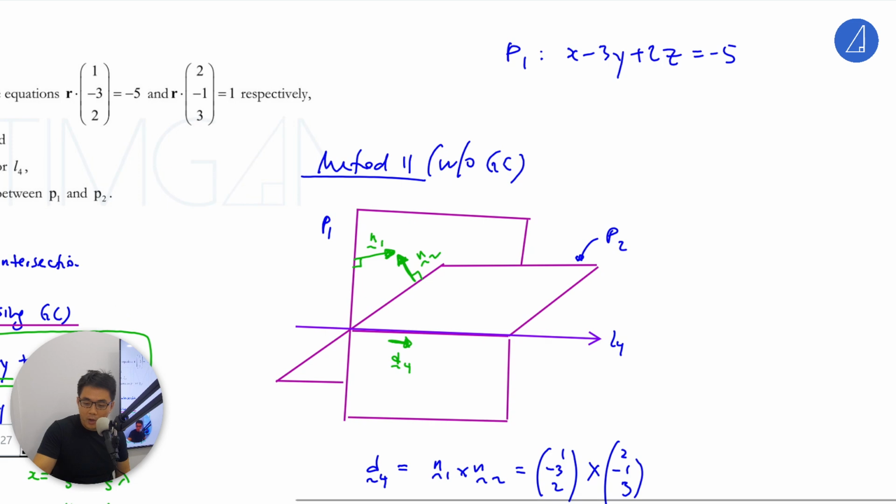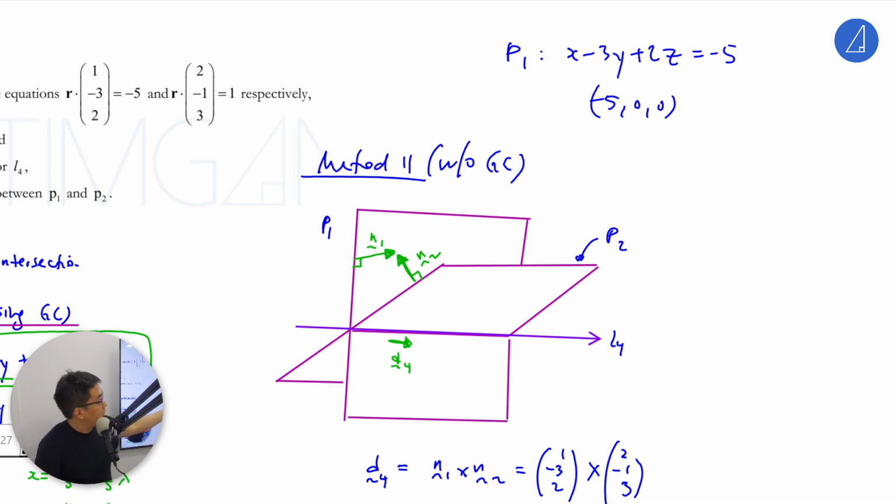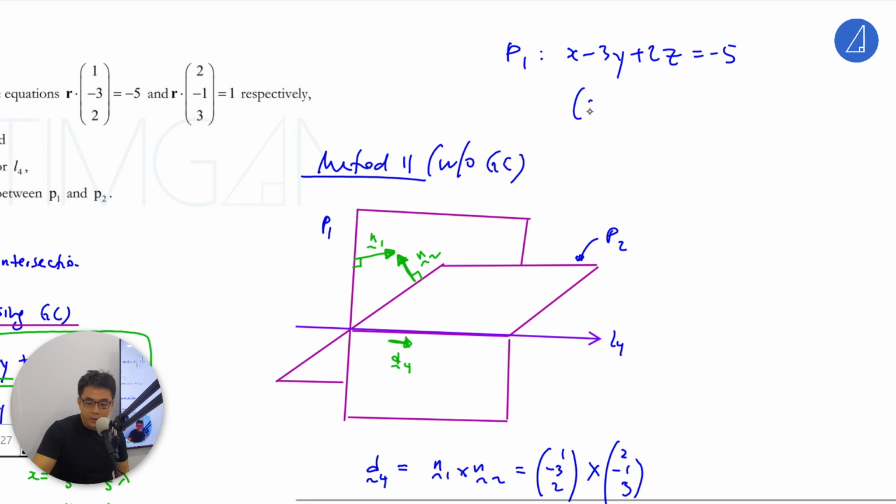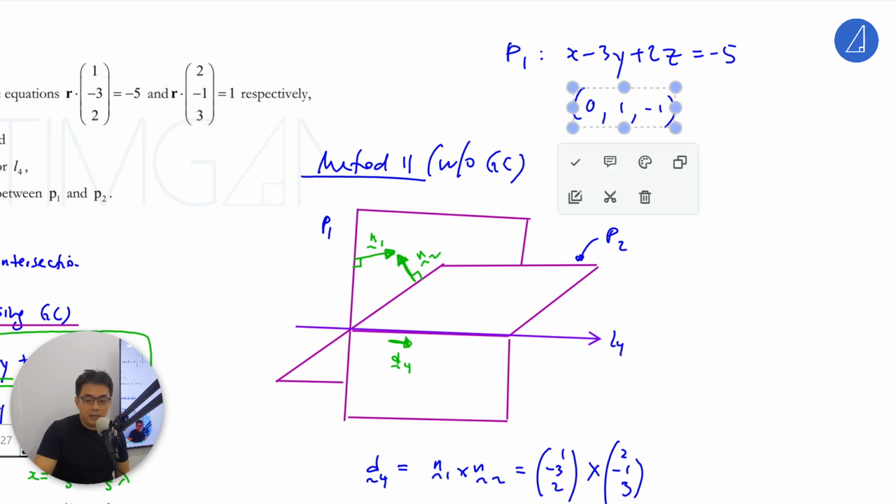I know the point for sure: -5, 0, 0, easy. This one will be on plane 1, because if you substitute this in, it gives you -5. What else can I put? I can put 0, 1, -1, then it will also be -5.